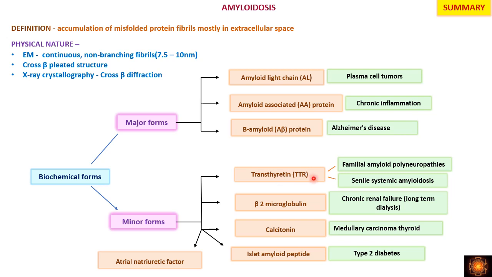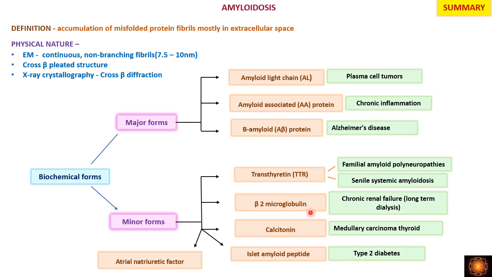Now the minor forms, we have transthyretin. In this we have the mutated form and the normal transthyretin also. The mutated form of transthyretin leads to familial amyloid polyneuropathies, whereas the normal TTR leads to senile systemic amyloidosis, in which the heart is the organ commonly affected. And beta 2 microglobulin, we see in dialysis patients.